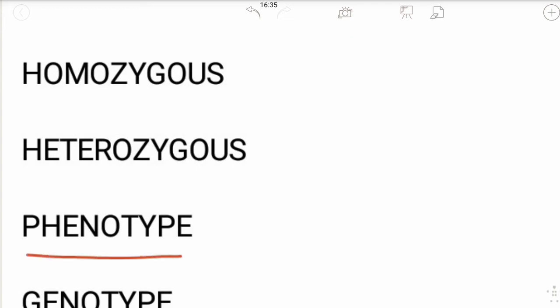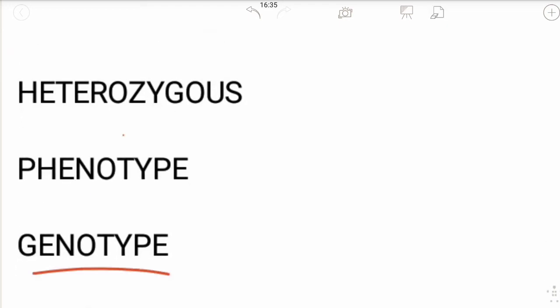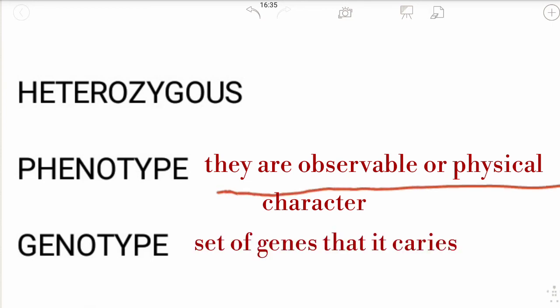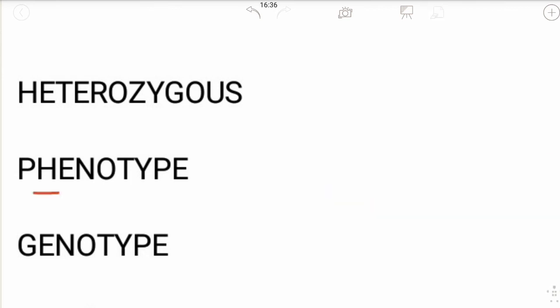Let us understand what is phenotype and what is genotype. Phenotype refers to observable characters or physical characters. Genotype is the set of genes that it carries. Let's understand phenotype in detail.